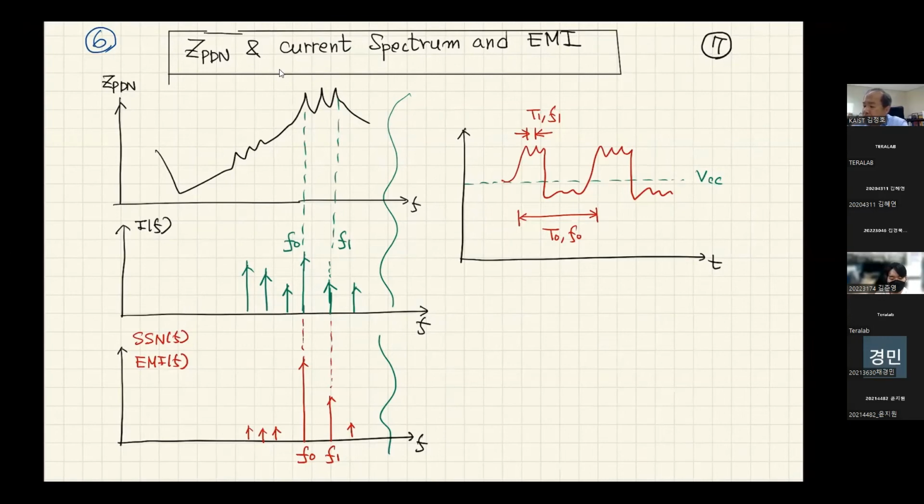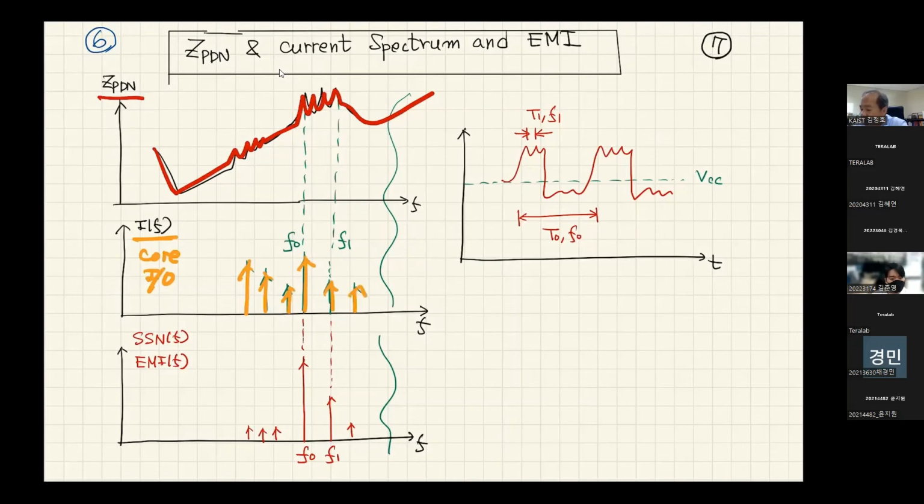So far, I was talking about the PDN impedance design. It may have certain resonances, higher frequency resonances, and it may go back again. This is PDN impedance. Let's assume that your core or I/O circuit of your chip has a current spectrum. It may be a harmonic frequency of your clock.